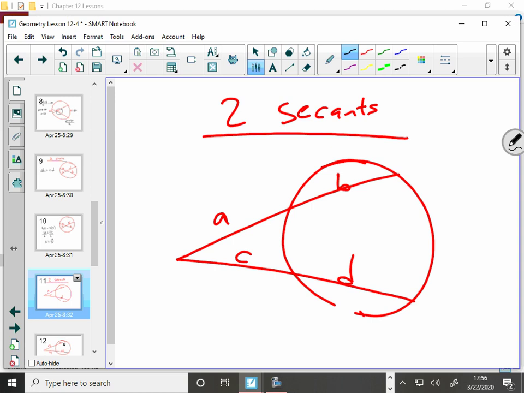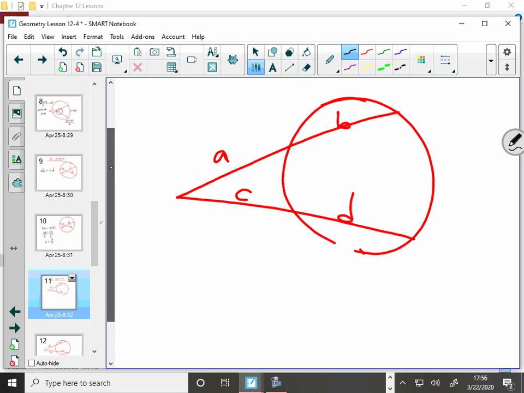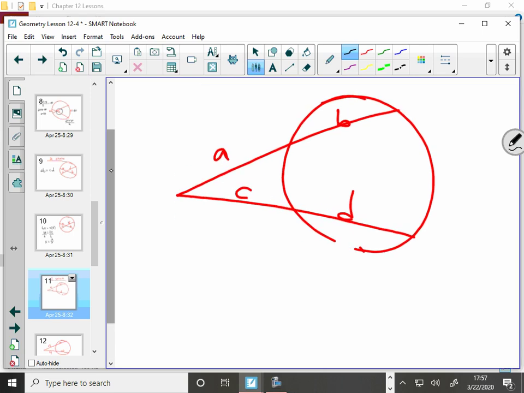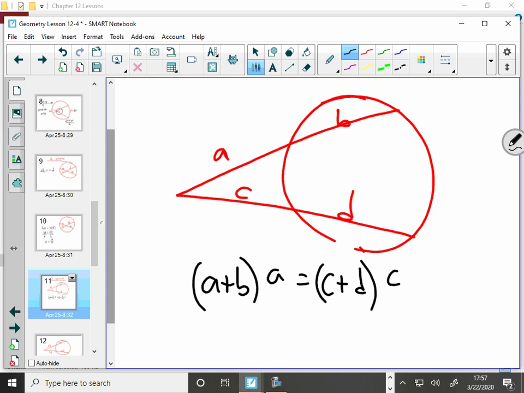You take the entire segment length of the secant, a plus b, and you multiply that times the outside part, which is a, and that equals the entire length of the other one, which is c plus d, times the outside part, which is c. This is the way that it works when you have two secants that intersect.